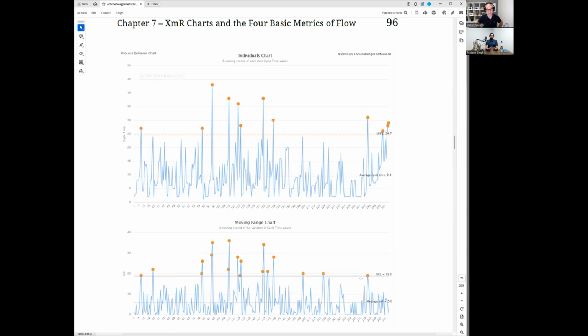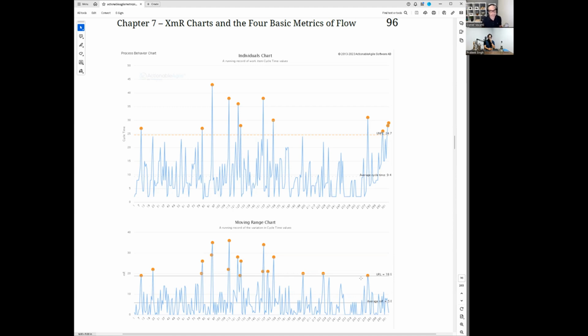You can plot them on this kind of an XMR chart, or at least this kind of an individuals chart, and figure out where those natural process limits are, whether it's WIP, cycle time, age or throughput. This can help you detect when things have potentially gone off the rails, or if your system is changing, or if there's some special condition happening at that point in time. Yep.